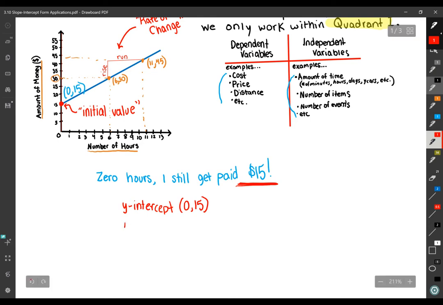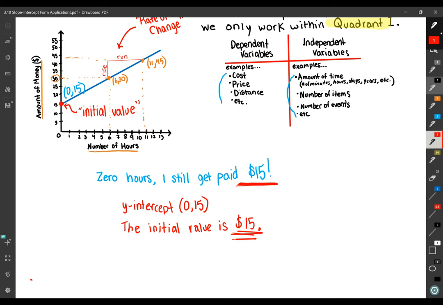Or we say the initial value is $15. Okay, $15. So the initial value includes units, just like the rate of change includes units. Okay, so when we hear the word initial value, I want you to relate it to the y-intercept.